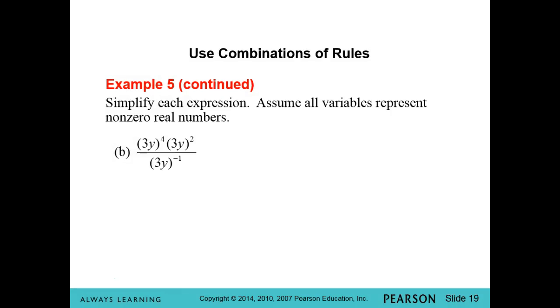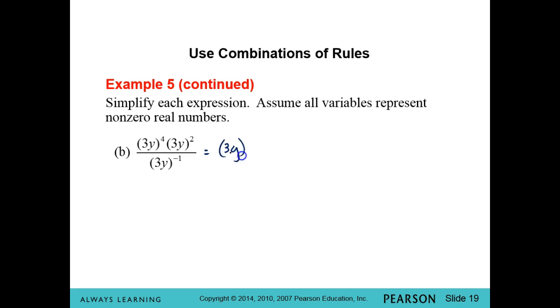Okay. 3y to the 4th times 3y squared divided by 3y to the minus 1. What would that be? All your bases are the same, aren't they? And what is it? 3y.